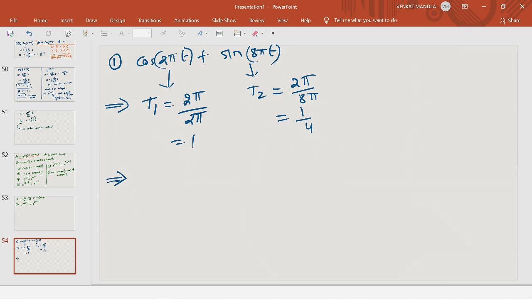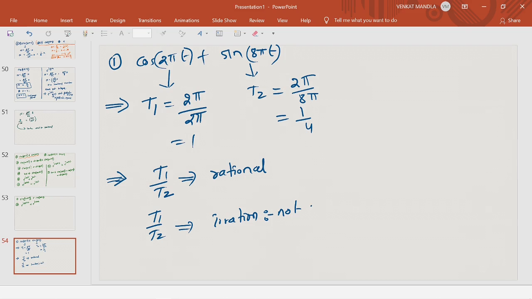One condition for this entire signal to be periodic is that T1 by T2 must be rational. Then only it is periodic. If T1 by T2 is irrational, then it is not periodic, it is aperiodic.